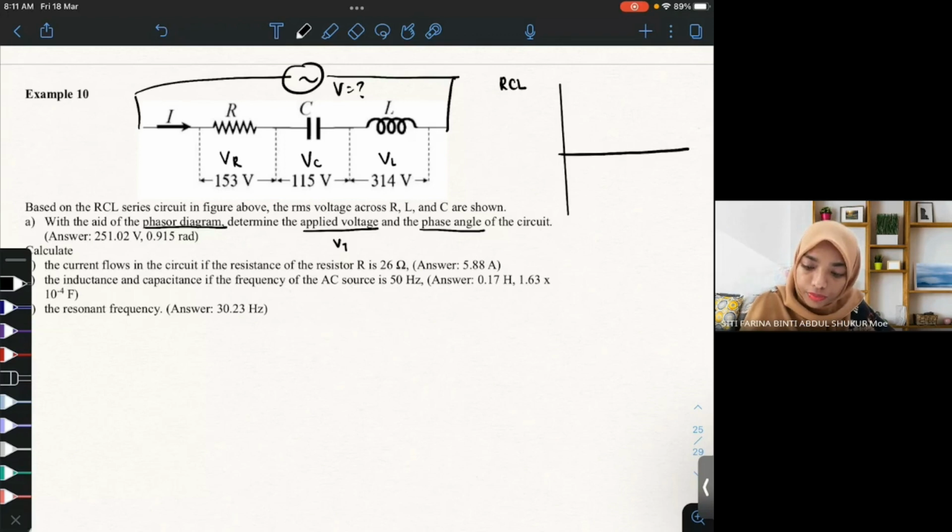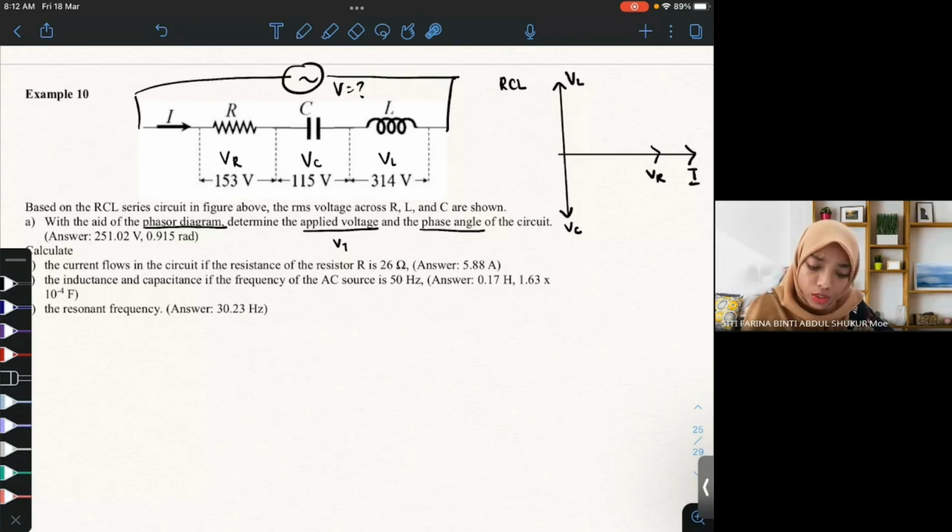current along x-axis, and then we will have voltage across resistance along x-axis, and then we'll have voltage across inductor because the inductor leads the current, and then the voltage across capacitor, di mana current akan lead the voltage across capacitor.